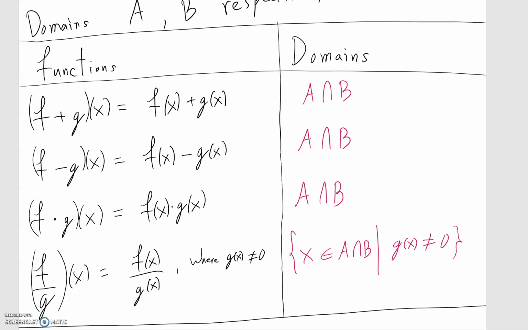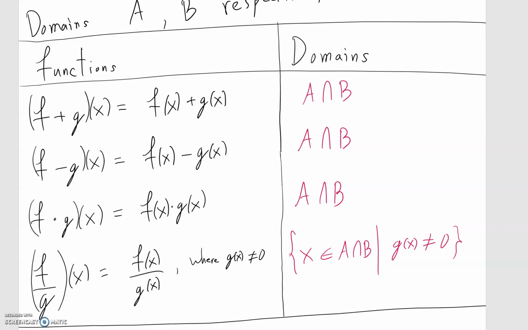So if A is the domain of f and B is the domain of g, the domain of the sum, difference, or product of functions is the intersection of the domains A and B. Now, when we get to the quotient of two functions, this is where things get a little strange, but not too much.